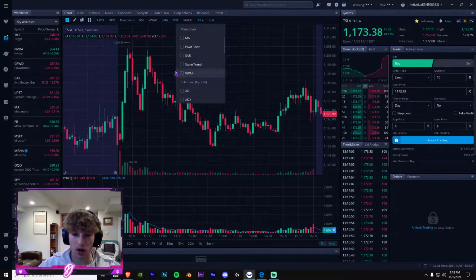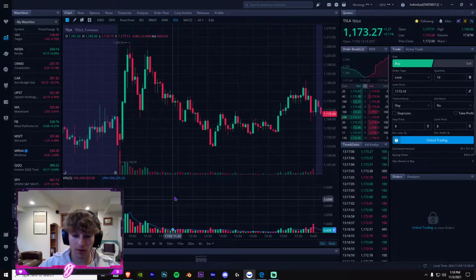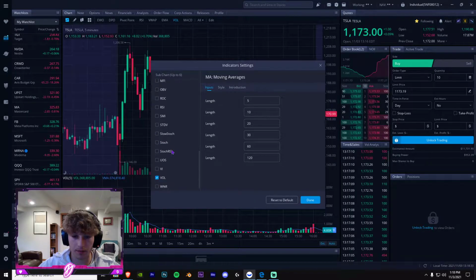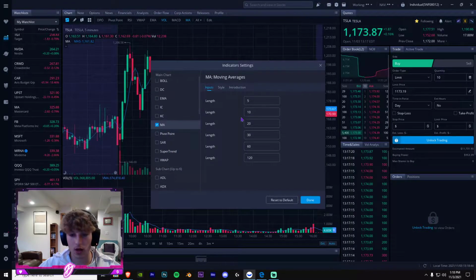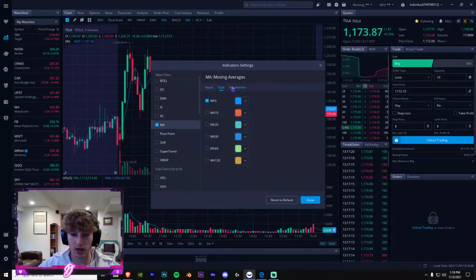So if we pull up the moving averages, and I don't have them pulled up right now, I have to go search them. Let's see, moving averages should be right here. So we go to this moving average button, and we can go to the link.